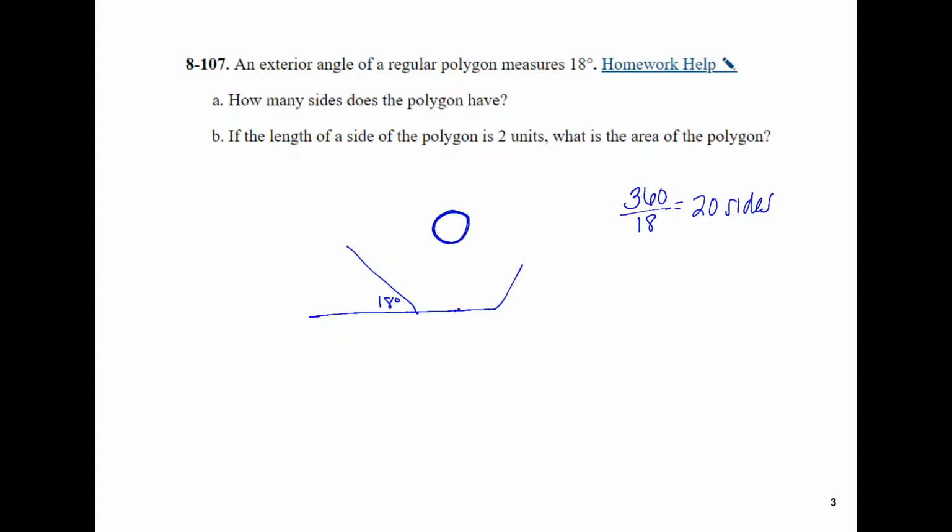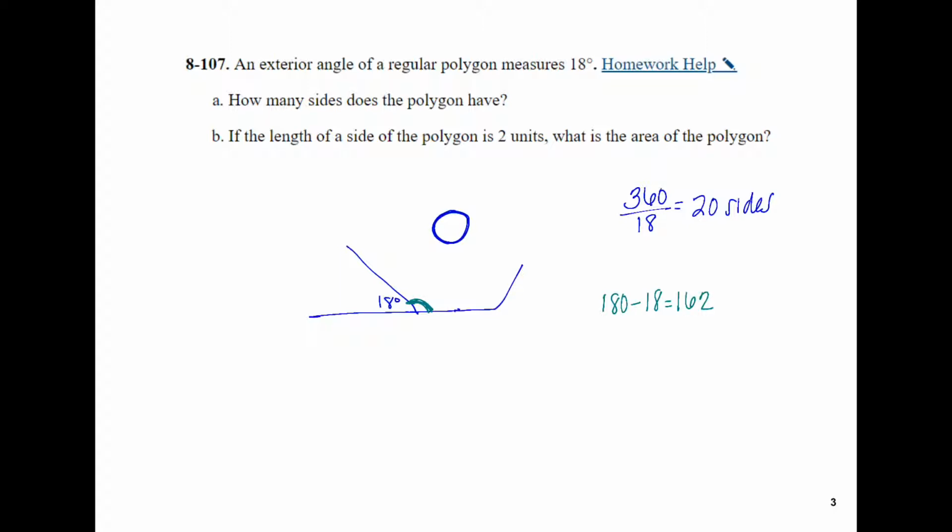If the length of the sides of the polygon is 2 units, what is the area of the polygon? Well, we can then find the interior angle of our polygon by taking 180, subtracting our exterior angle, which in this case is 18, which will tell us that the interior angle of our polygon is 162.